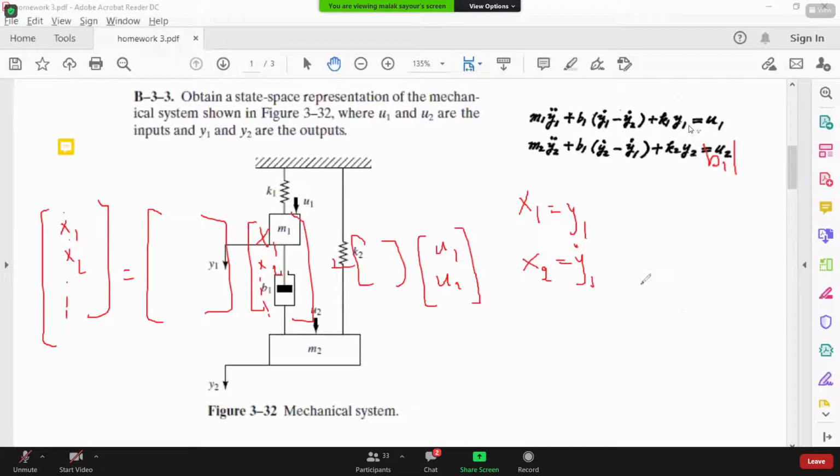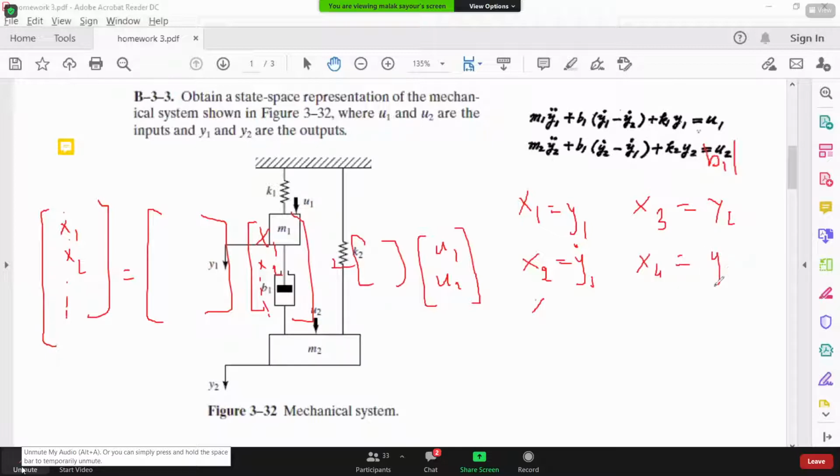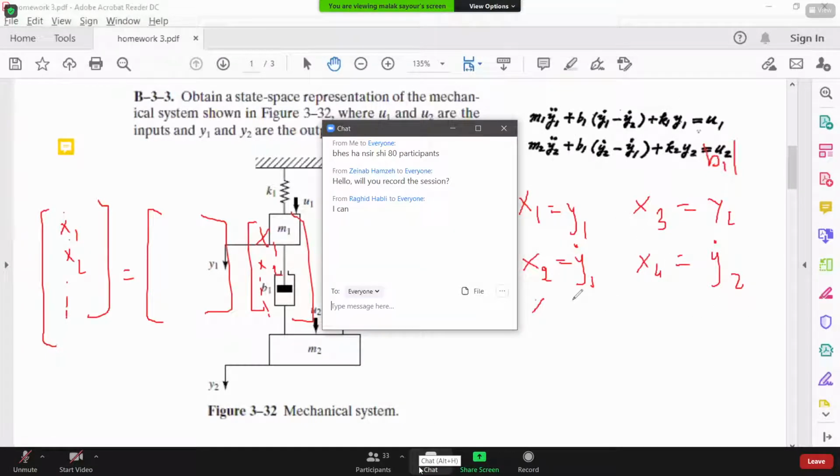Now I move to my other output, which is y2. So I will have x3 equal to y2 and x4 is equal to y2 prime. I stop here because the highest order of y2 is double dot, so I have to stop at 1, which is the highest minus 1.